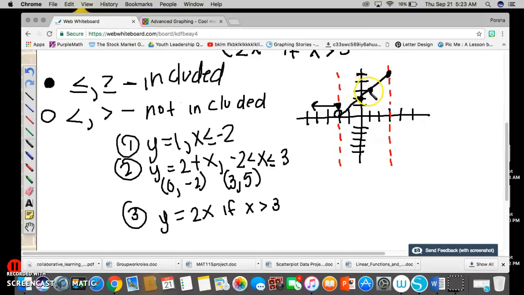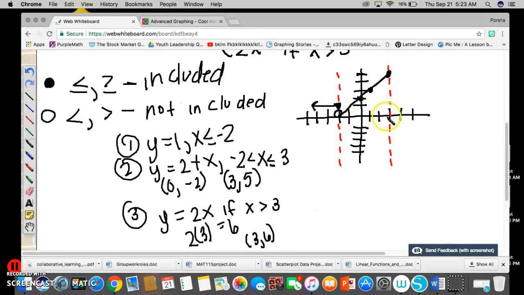Now, notice that it said it's greater than 3, so this is going to pass the fence. So since it's going to pass the fence, in some way we need to put it at the correct point. So if y equals 2x, that means 2 times 3 equals 6. So the point that we need to have an open circle at is 3, 6.